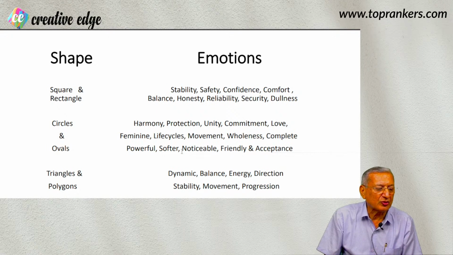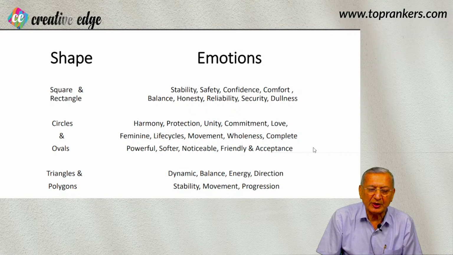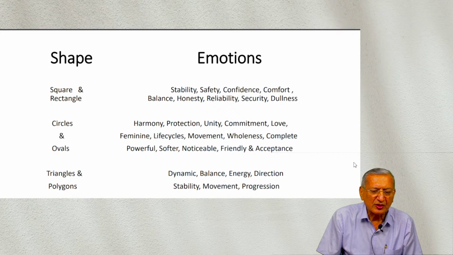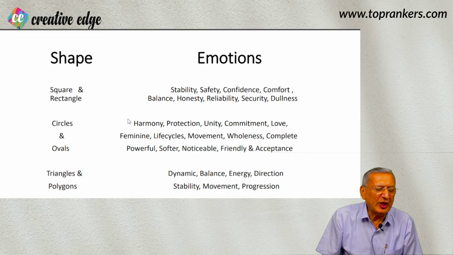The O will also show you softer, noticeable, friendly and acceptable. So if you are able to use one or a combination of all this, you can show many emotions together.